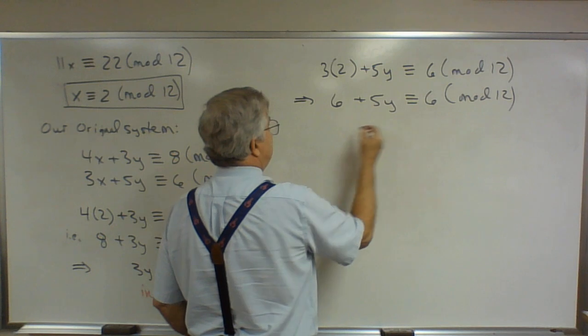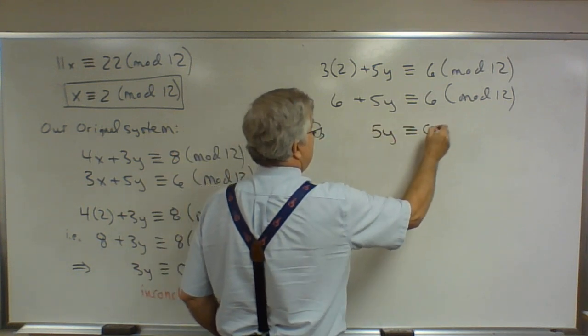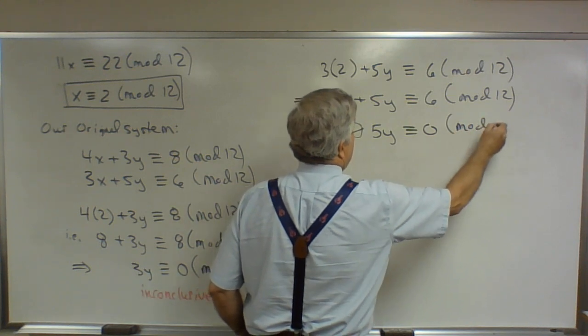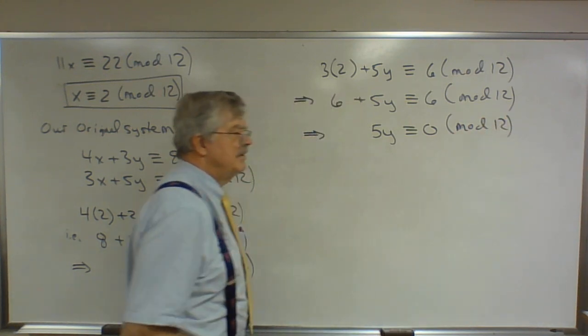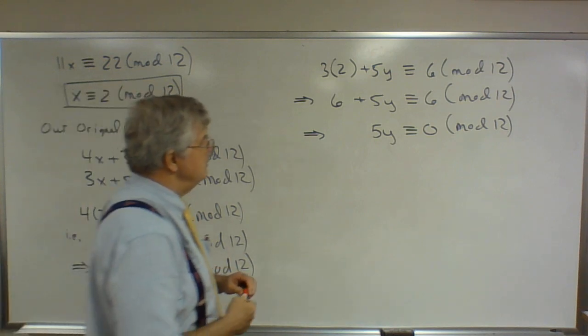And I'll subtract 6 from both sides. 5y is congruent to 0 mod 12. Okay. And here's the clincher.